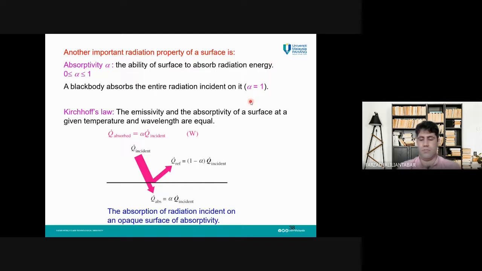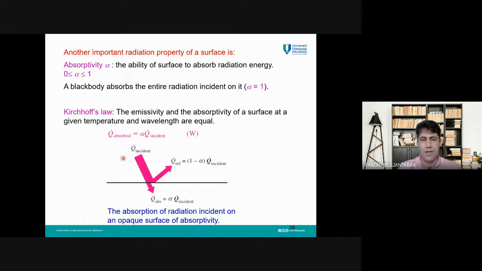So you can see we may have a relationship between alpha, or absorptivity, and emissivity. For a substance, usually the absorptivity and emissivity are equal.